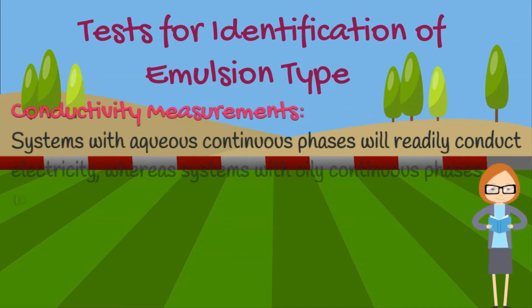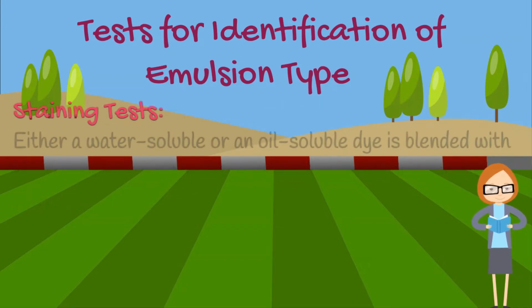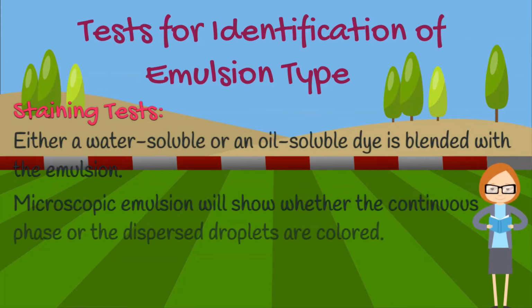Conductivity measurements. Systems with aqueous continuous phases will readily conduct electricity, whereas systems with oily continuous phases will not. Staining tests. Either a water-soluble or an oil-soluble dye is blended with the emulsion. Microscopic examination will show whether the continuous phase or the dispersed droplets are colored.